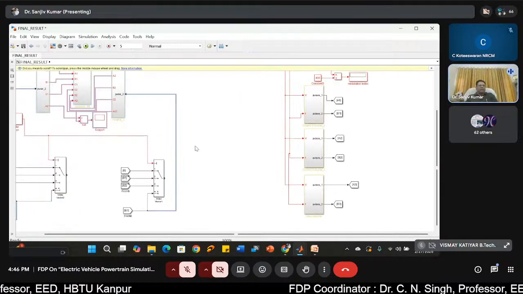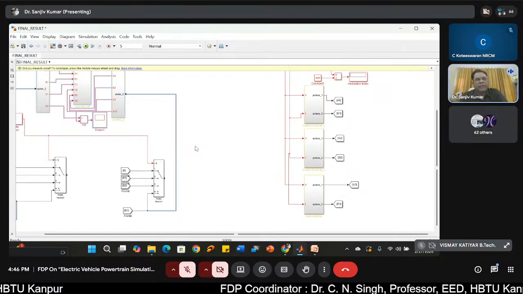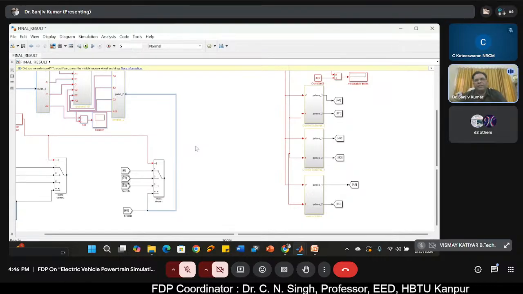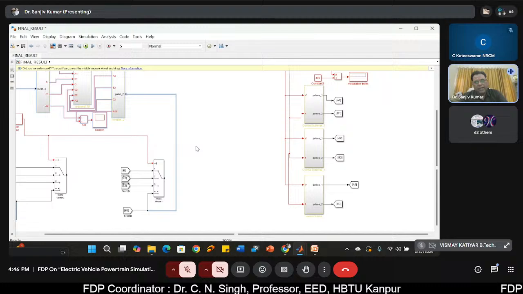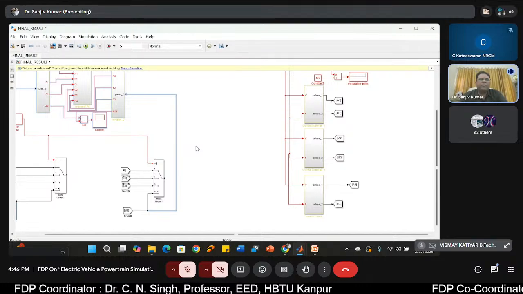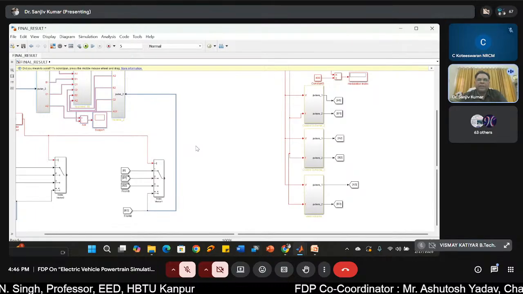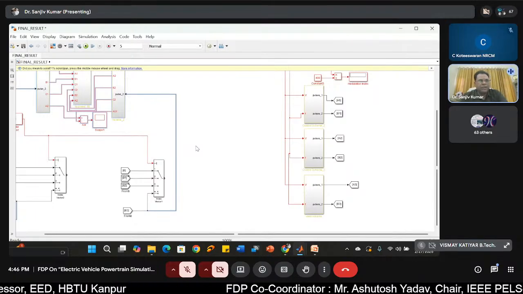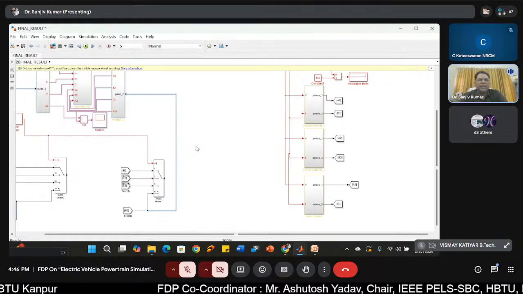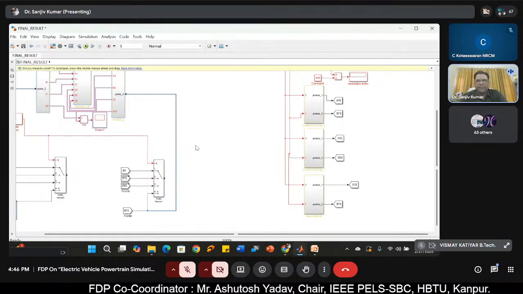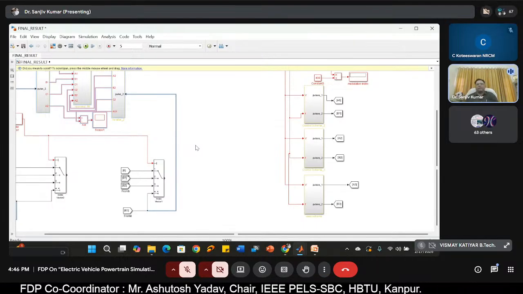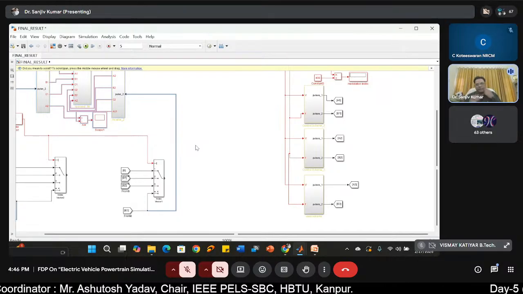The three-phase voltages are taken, and then we find the maxima and the minima of them, add these two quantities, take the negative sum and divide by 2, and add the reference signals VA, VB. It will generate your space vector modulation based signal.